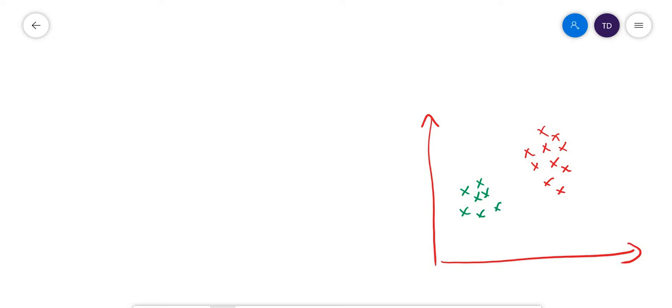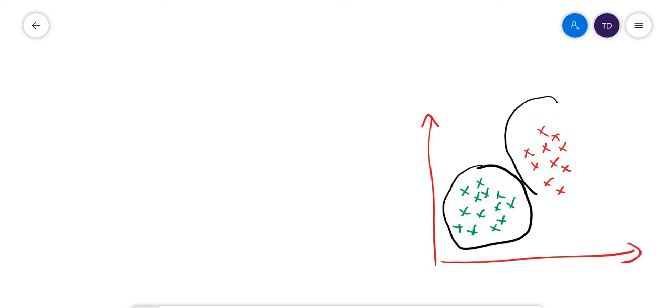I have shown them in different colors, and these are two different clusters. In the beginning we don't know this; since they are shown in different colors we can see it, but if they were not shown in different colors, we could not categorize them into two different sets of data.